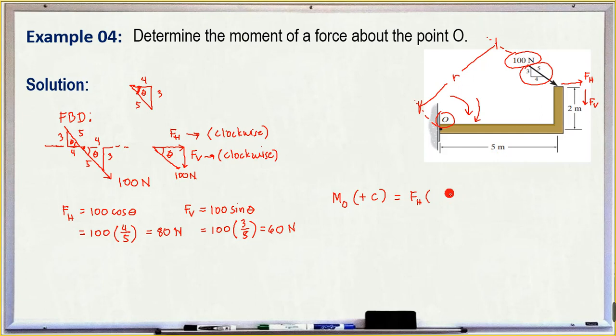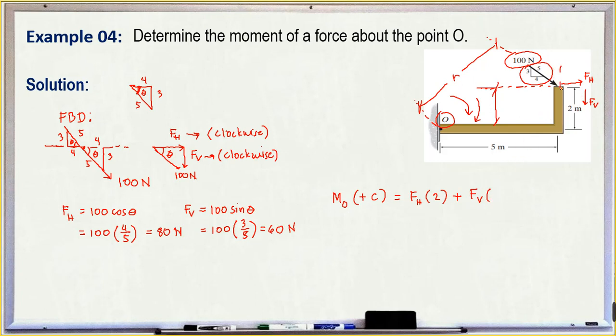Two, sir. Okay, that is 2. Kay mao man ni ang line of action ni FH. Ang iyang distansya ani kani man. So 2 ni siya. So 2 plus our FV. Plus ni siya kay imo man gitreat nga plus ang clockwise. Pero kung counterclockwise ang nakabutang dira, mag-minus ka dira, mag-subtract ka. So diri FV, unsa may perpendicular distance ni FV?